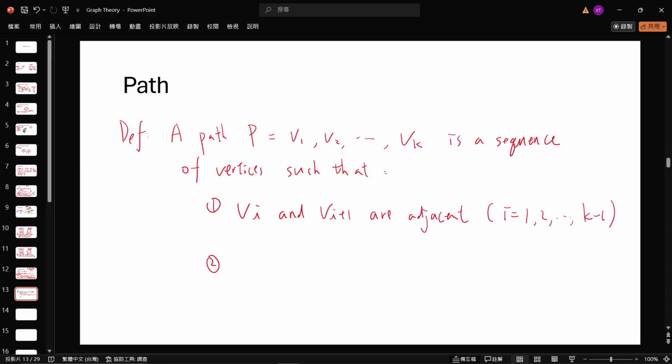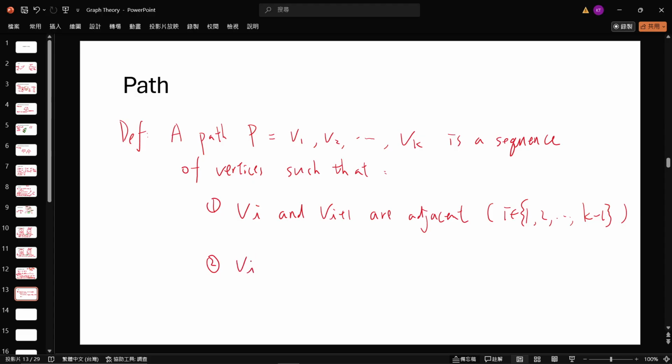Okay. Because you cannot use edges that are not on the graph.